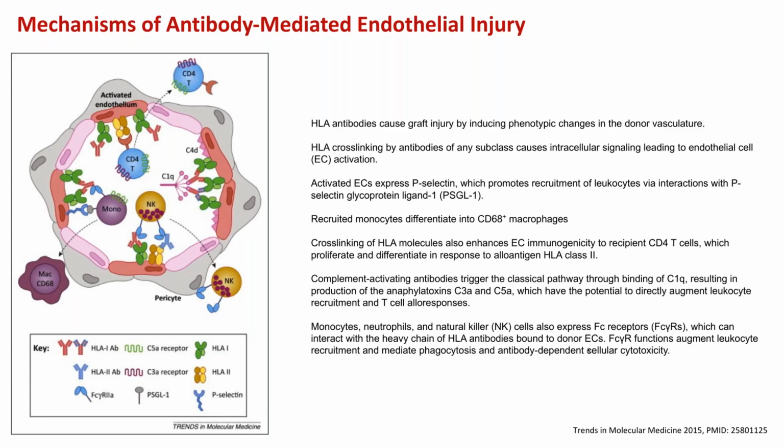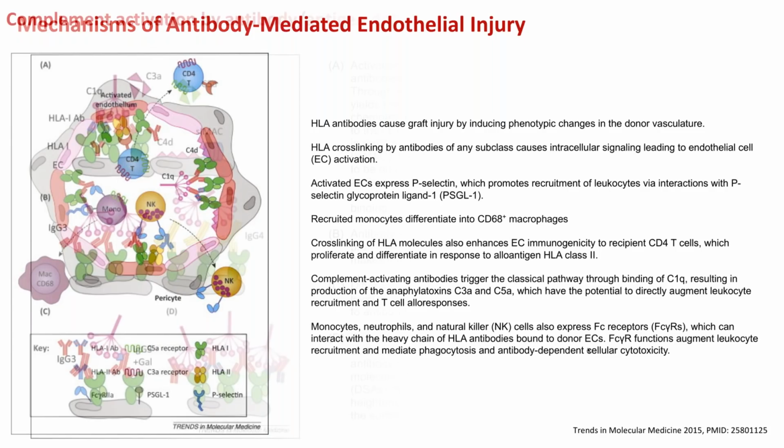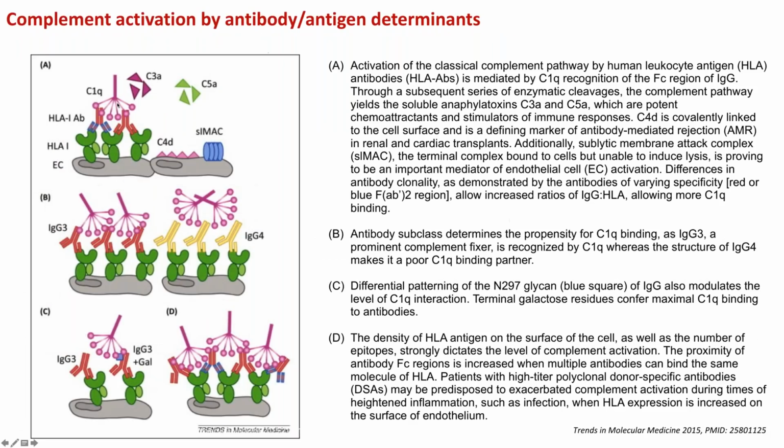And this is what I meant in the earlier slide as antibody-dependent cell-mediated cellular cytotoxicity. Now, for complement to get activated, C1q is the most important factor that triggers this complement activation.